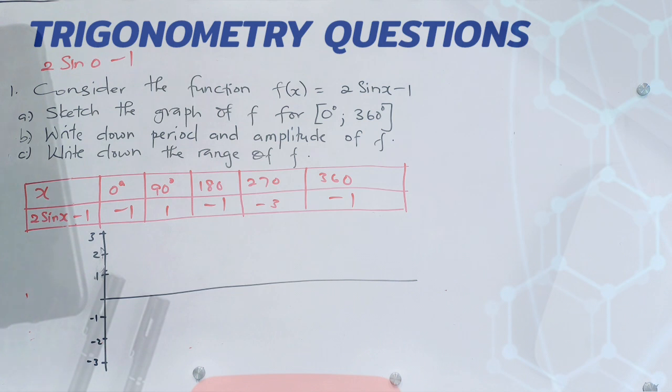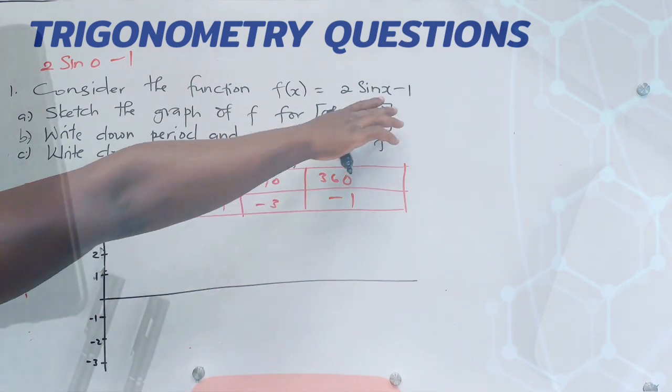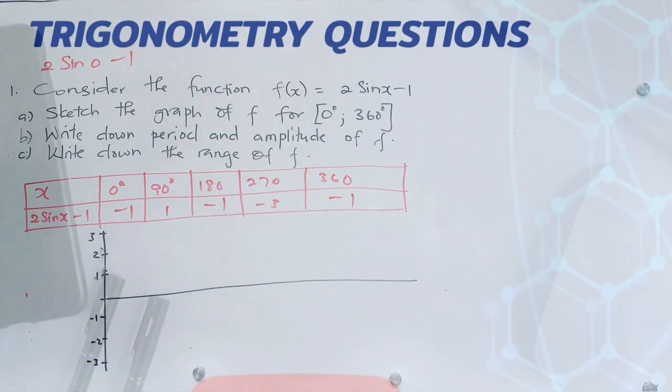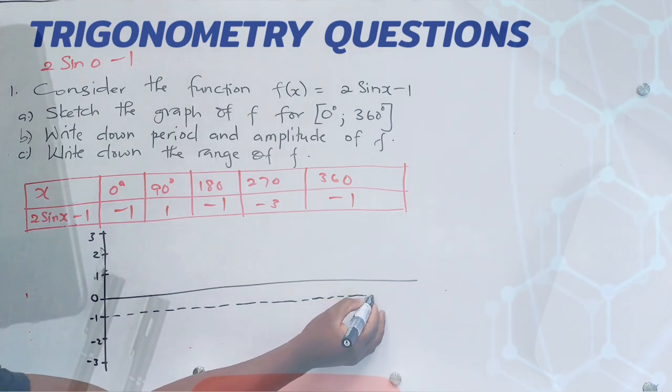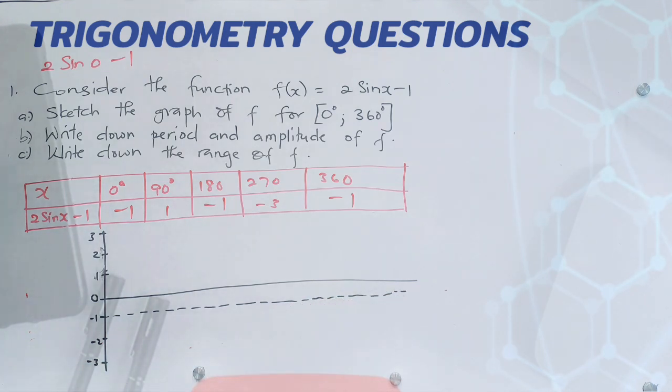You can see this minus 1 shows us that our graph is being translated 1 unit downwards, meaning the 0 line is translated 1 unit down. So you can draw your imaginary new 0 line at minus 1, so that you can have a clear picture of what is happening on your graph.